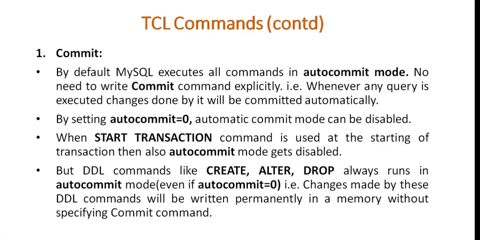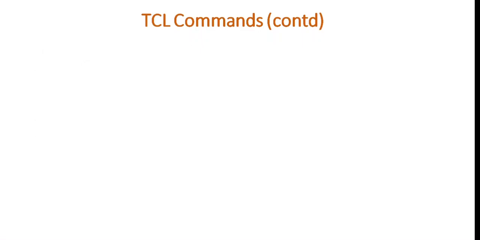Whenever you execute create table, create view, alter table, or drop table, the changes cannot be undone. Even if we disable auto commit mode, all changes done by these commands will be permanent in memory. This is the commit command, which is used to save changes permanently.